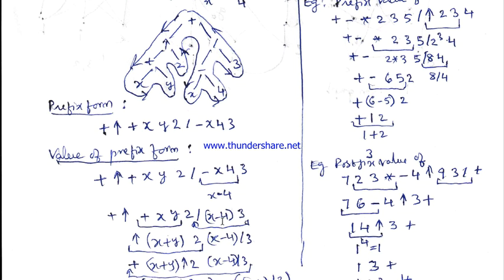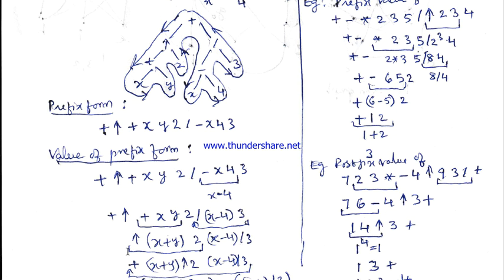Now, we have after this vertical arrow x plus y 2. The meaning of vertical arrow x plus y 2 is to find the power 2 of x plus y. Plus is already there before. Now the meaning of division x minus 4 3 is to divide x minus 4 by 3.